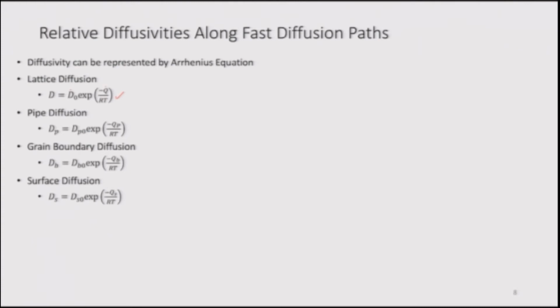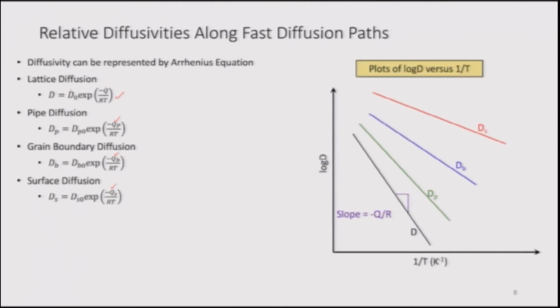Similarly, for pipe diffusion, QP is the activation energy, QB is the activation energy for grain boundary diffusion, and QS is the activation energy for surface diffusion. If we plot diffusivity through these different diffusion paths against the inverse of temperature, which I have shown here schematically, we will get 4 lines corresponding to the 4 paths that I have mentioned: Ds, Db, Dp and D. Obviously, the slope of each line would give the activation energy for diffusion along that particular diffusion path.